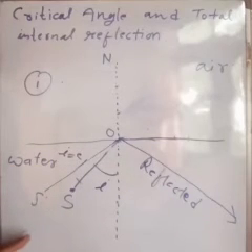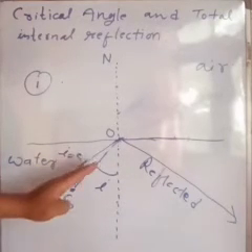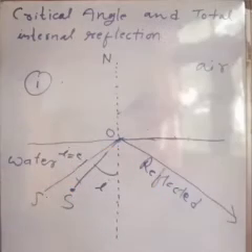It was coming from water, so again it will reflect inside the same water, which is called total internal reflection. These were the three cases of critical angle or total internal reflection.